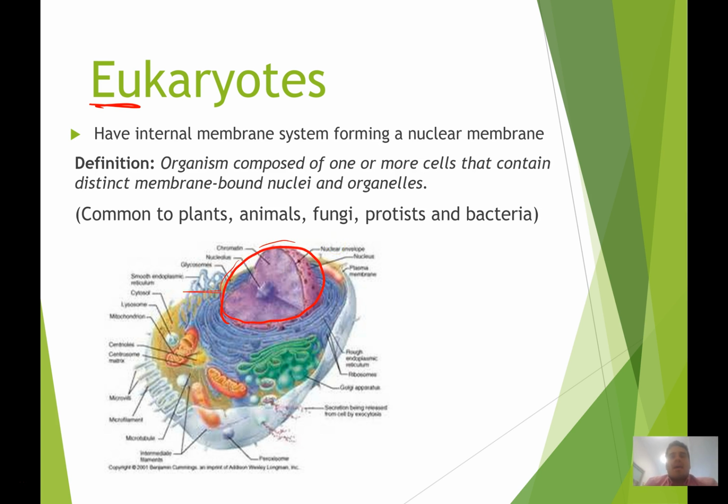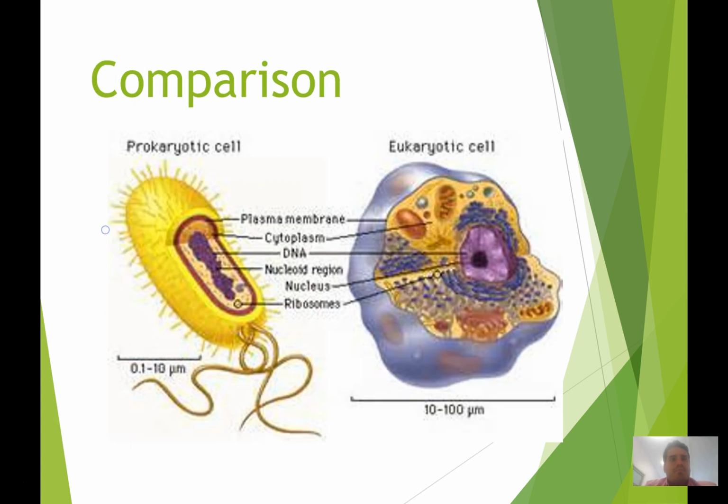Inside a eukaryote you've got all of these membrane-bound structures, and it's really important because it means eukaryotes can be really specific and do really complex things. Types of eukaryotes are plants, animals, fungi, and protists. Eukaryotes are going to be the biggest focus inside biology.